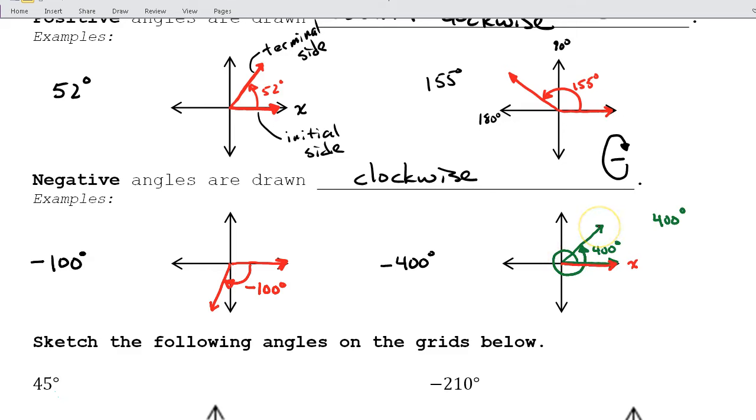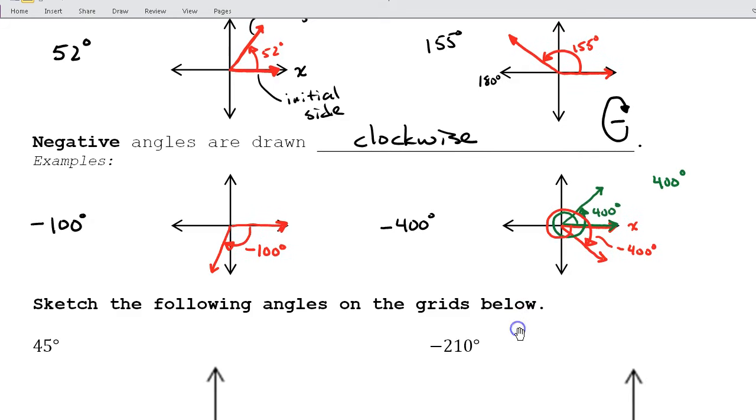Since positive 400 landed in the first quadrant, negative 400 is going to land in the fourth quadrant. And again, we can show that we're rotating there, it's going to get a little messy, but we'll go with it, in the negative direction all the way to there. So that would be negative 400 degrees. I'll talk more about graphing negative angles later in the video as well.